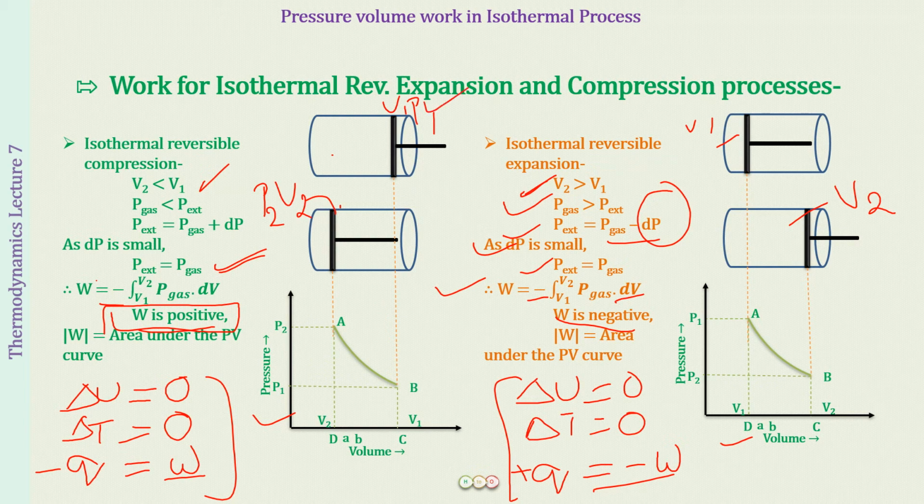So here the initial state of one is the final state of the system in the expansion that is happening, and whatever was the final state here is the initial state. So when the initial and final states are the same, the plot is going to look similar. We have the same values of P1 and P2, just interchanged in the two plots.